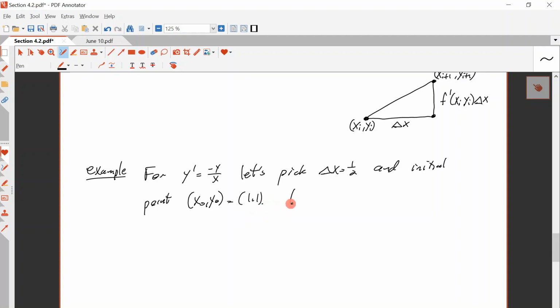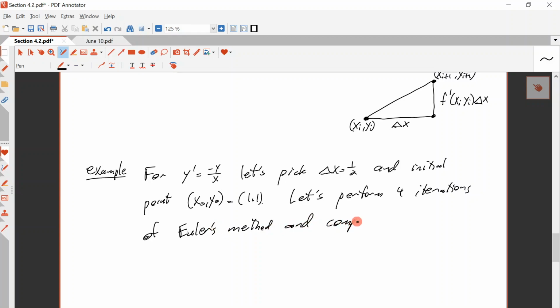Okay, let's perform 4 iterations of Euler's method and compare our results to the actual solution, y equals 1 over x.